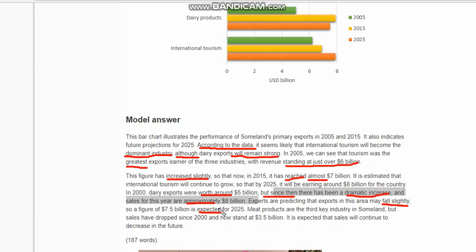You can also say that it is predicted for, it is possible, I guess, I'm not totally sure. Meat products are the third key industry in SumLand, but sales have dropped since 2000 and now stand at 3.5 billion. It is expected that sales will continue to decrease in the future.